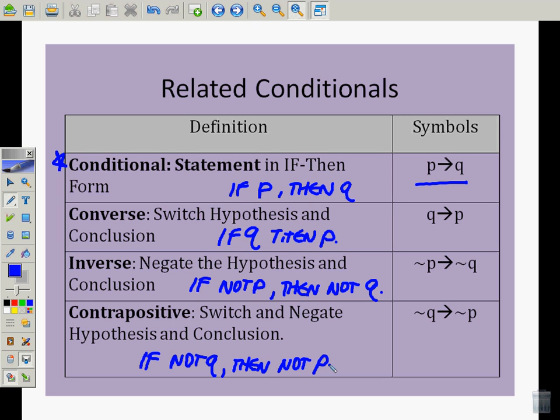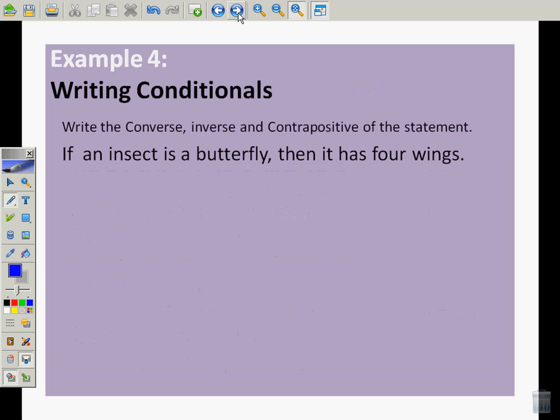So when we take this statement, if an insect is a butterfly, then it has 4 wings, this is the conditional. So I'm going to write the converse here, which we remember is to take them and switch them.